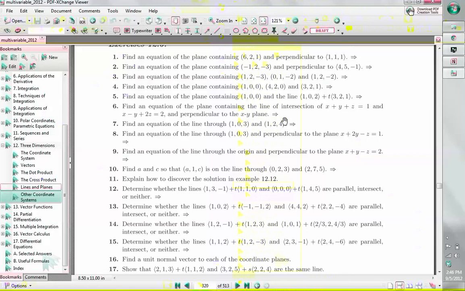Be more specific. The vector perpendicular to the plane. Right. Okay, good. Ideas? How do I get that information from what I have?